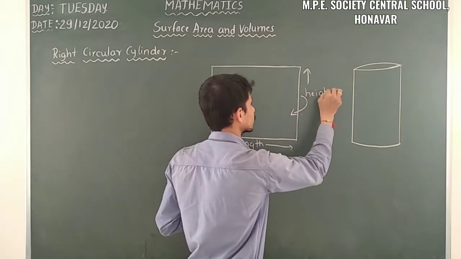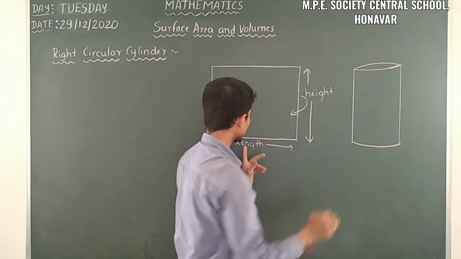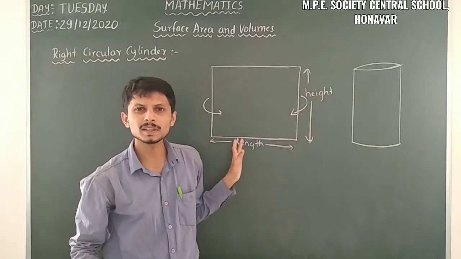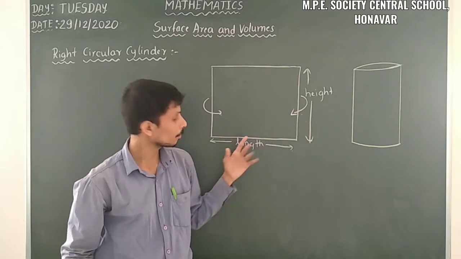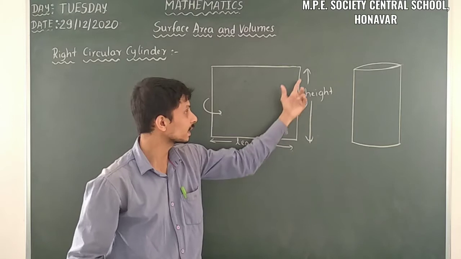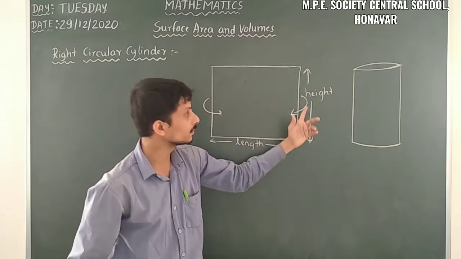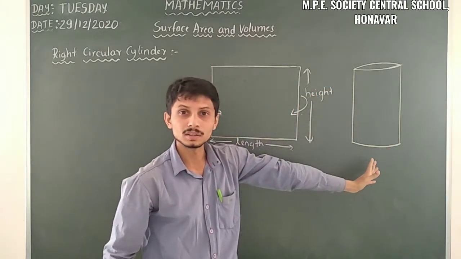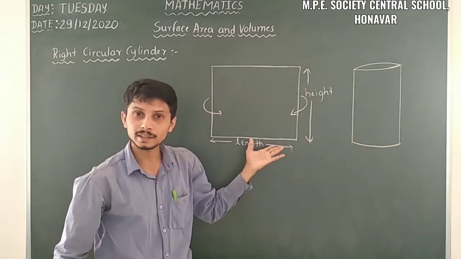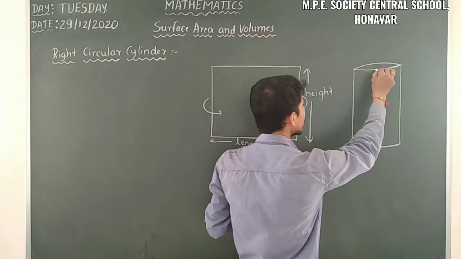In a rectangle we can take it as length into height. Sometimes we can take it as breadth also, but both are lengths, so no problem. Here this height depends on the height of the cylinder. The height of the cylinder depends on the height of this rectangular sheet. That means this is the edge.